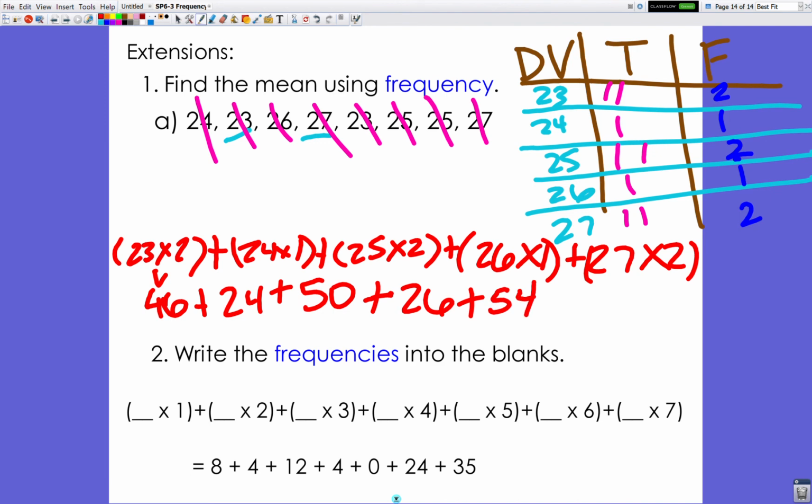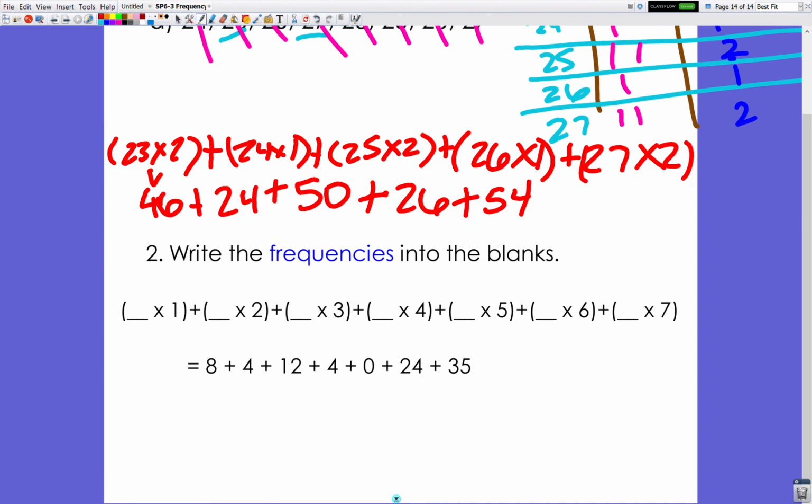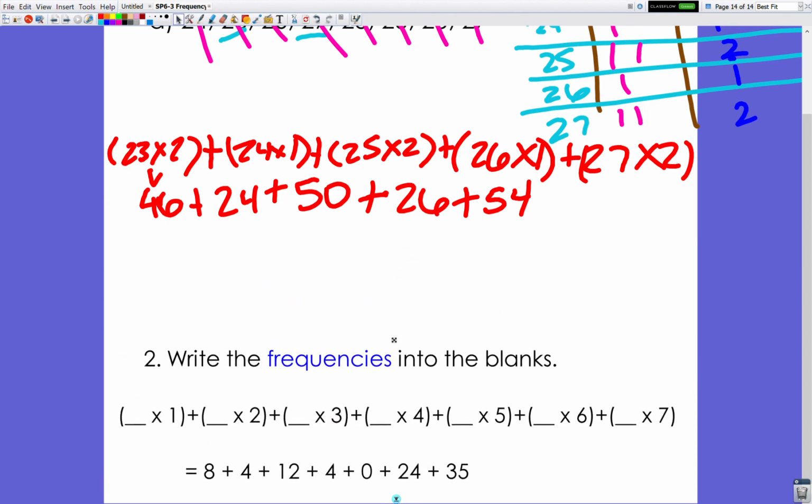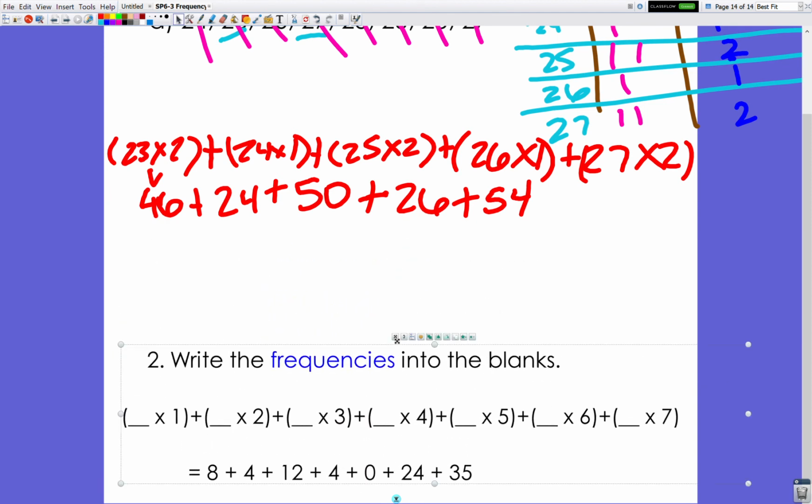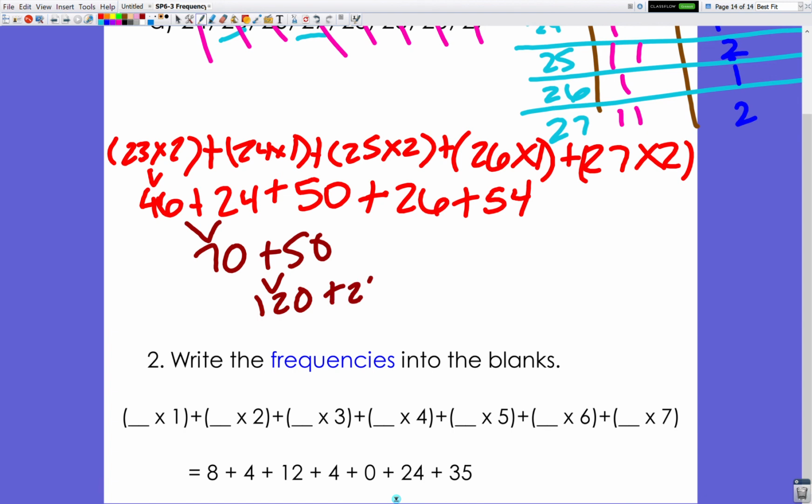Now we're ready to add up. I'm actually going to need a little room after all. So what I'm going to do is scroll down, and then I'm going to move number 2 down some to give us some space. Okay. And then we'll just add 46 plus 24 is 70, plus 50 is 120, plus 26 is 126.